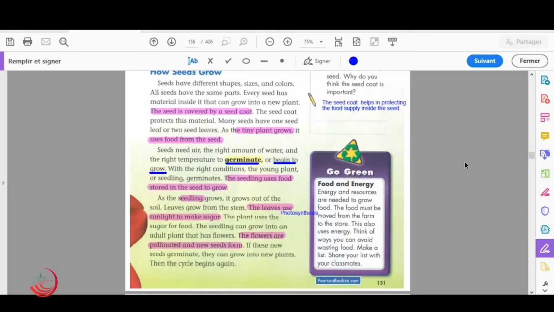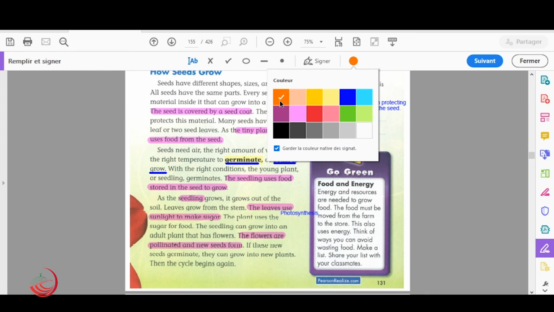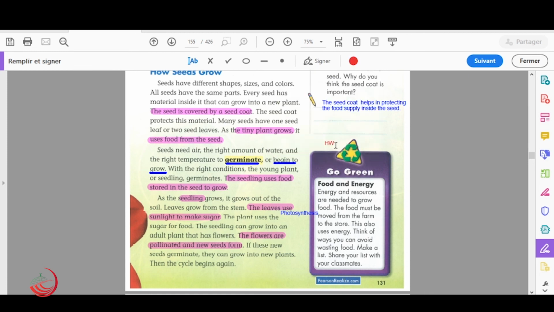Very nice. Okay, now I want you to go green, and I want you to do it as a homework. Okay, so this will be a homework. I'm gonna do it in red so you can know. So food and energy. Energy and resources are needed to grow food. The food must be moved from the farm to the store.